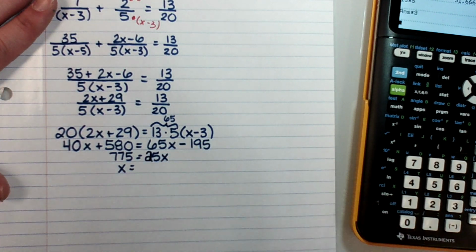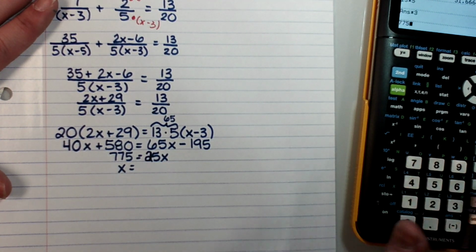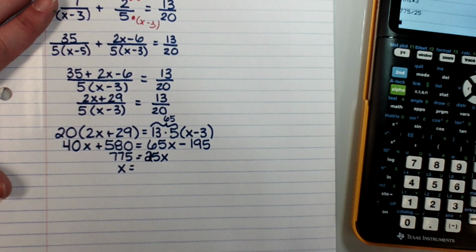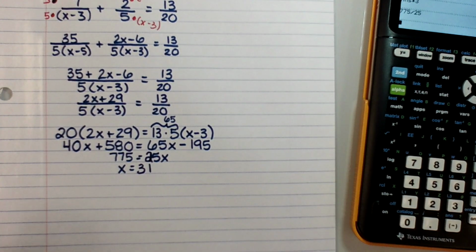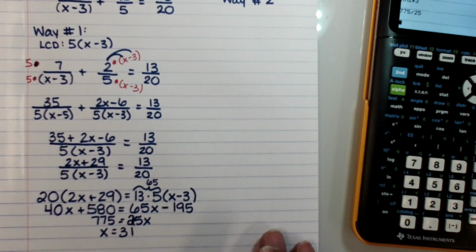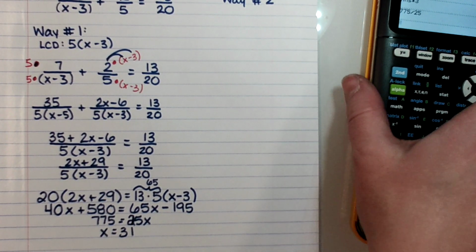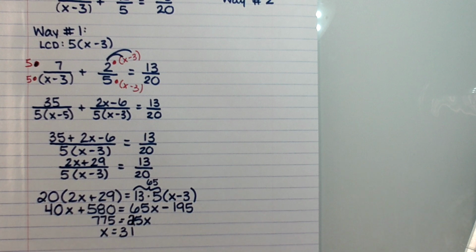Yeah, I knew I screwed up somewhere. That makes more sense. X is 31. So, is this doable? It should be. Is it tedious? Yes. You want to see option 2?